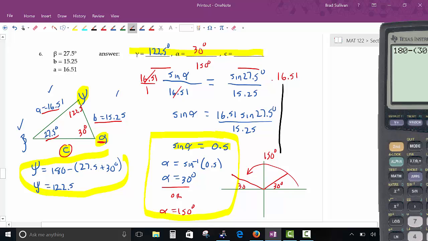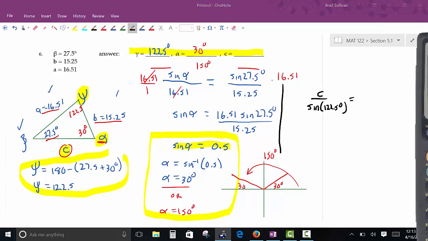So I'm going to do one more law of sines proportion here. C over the sine of its opposite angle, so the sine of 122.5, equals, and then pick a side and angle you know. Let's go with B, since that's what I gave you. So 15.25, that side there, divided by the sine of the opposite angle.